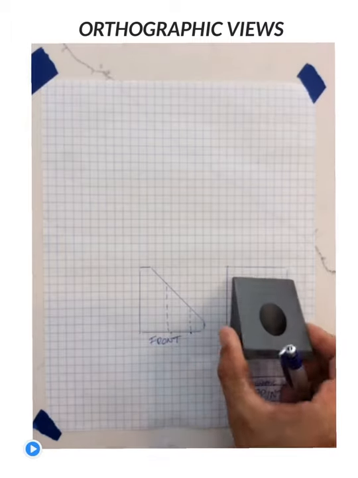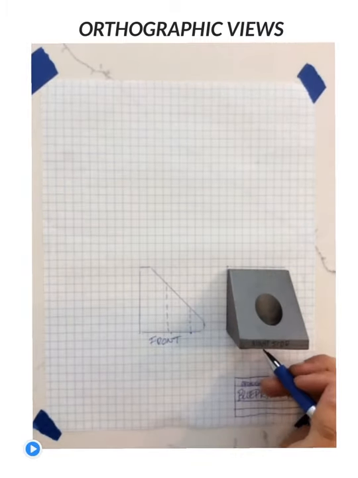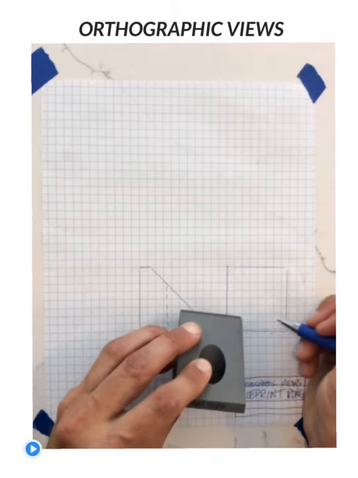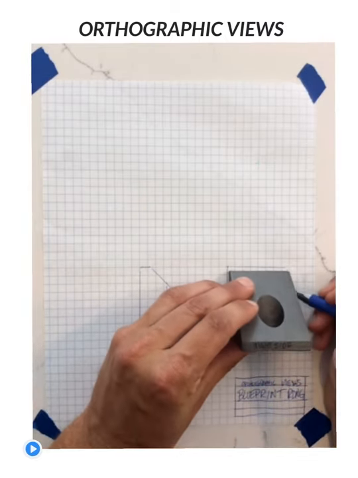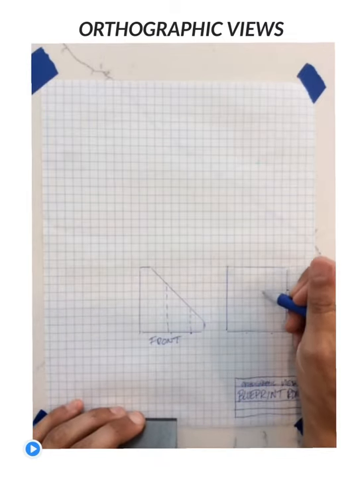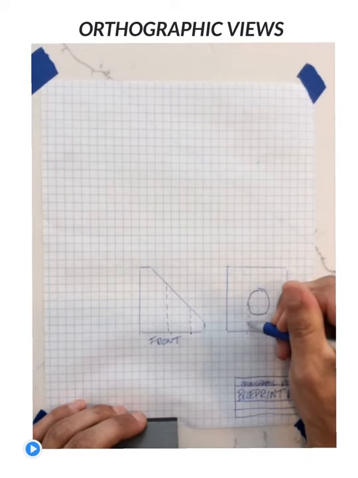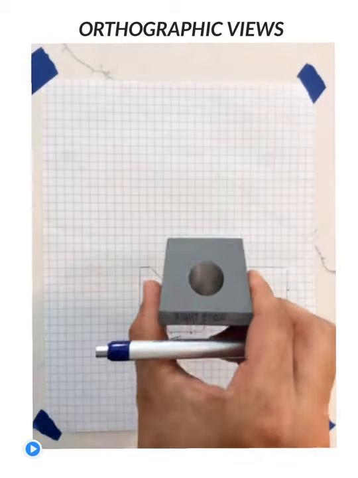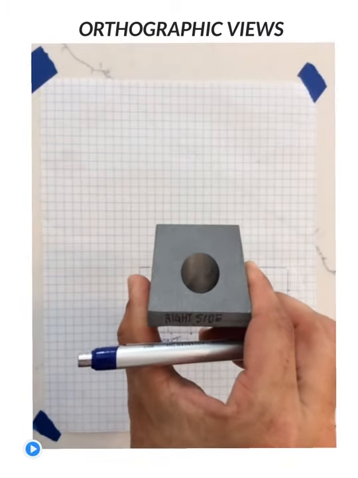One thing I do need to add is that now I have, I'll put a little tick mark there, and it probably goes up to about here, here. All right, so this is kind of weird. I've got to put a little bit of an oblong circle, and then I'm going to do my hidden lines here, and that is what you see for the right view.